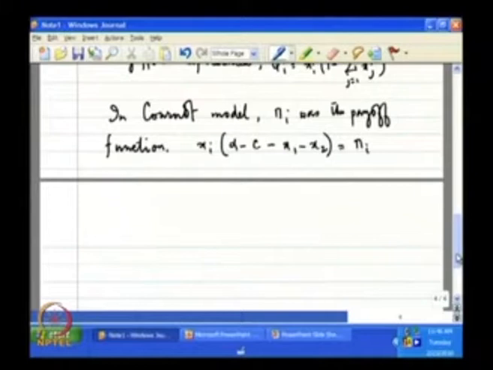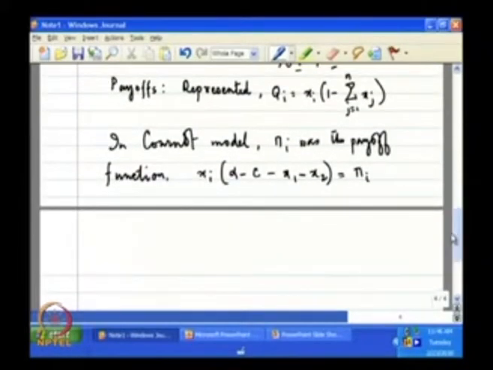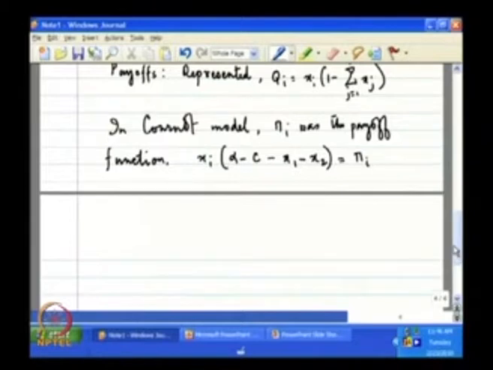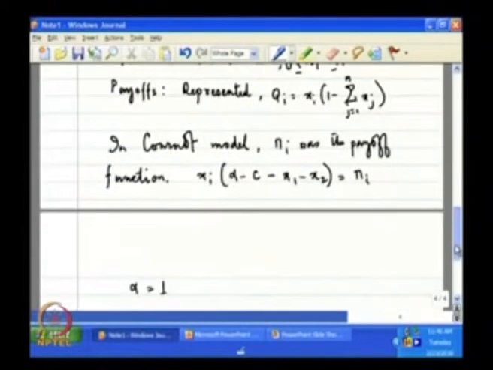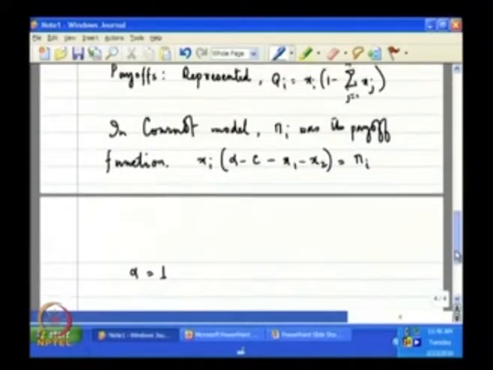However, I used qi, I did not use xi, but nevertheless I can assume that qi is equal to xi without loss of generality. Now, if I compare this with the setting that I have right now, then what are the parallels that we have? The parallel is that alpha is equal to 1, because the first constant we have in this setting is 1, whereas the first constant in that setting was alpha.